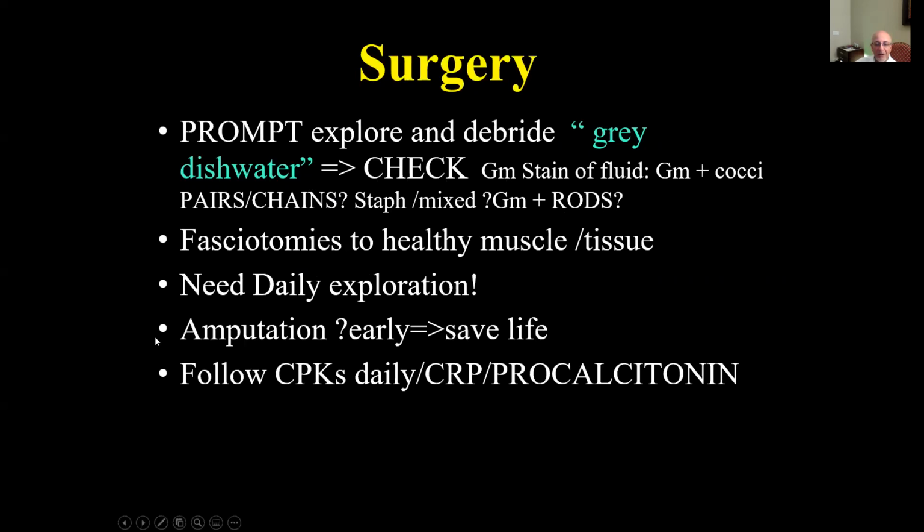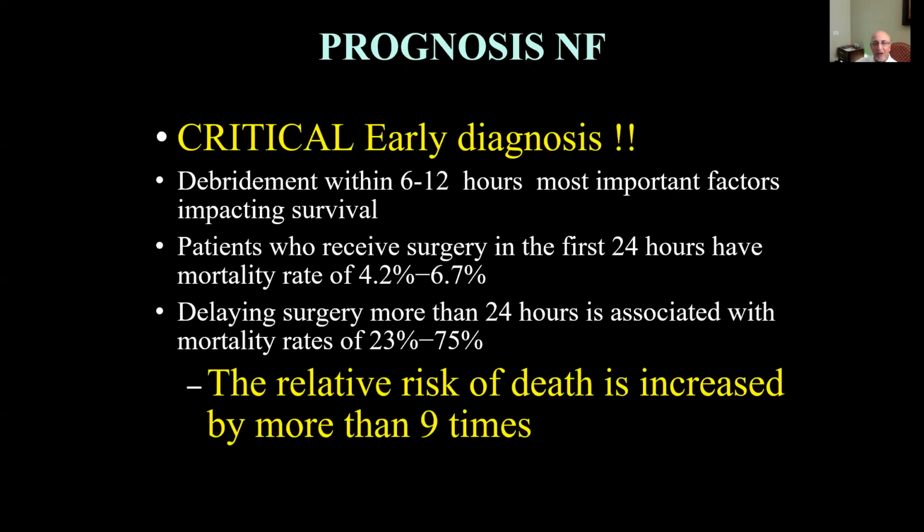Many of these patients have to proceed to amputation over the next 24 hours if the infection cannot be controlled with more conservative surgery. And I often recommend following CKs daily, as well as C-reactive protein and procalcitonin, in order to evaluate if the infection is responding to the interventions.